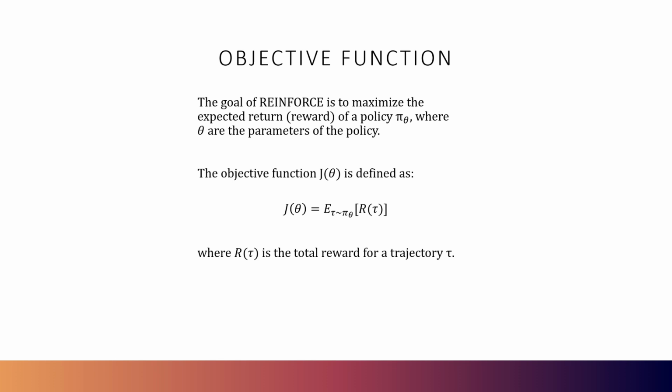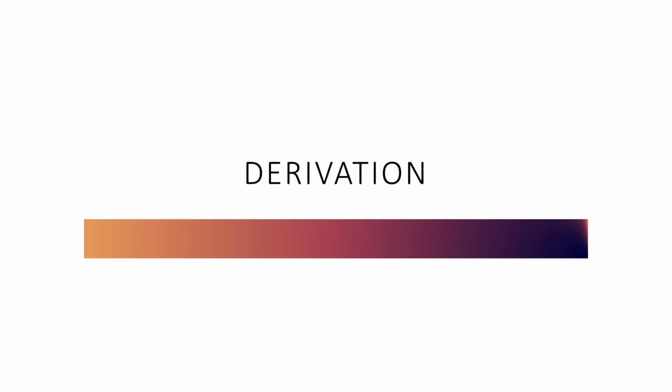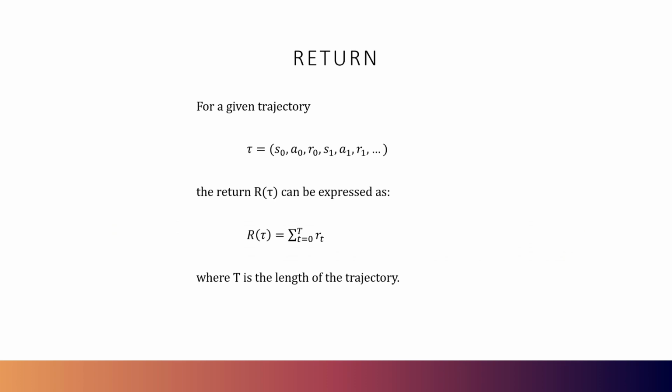So I would want to maximize the average return I would get by following the policy pi. We should see the derivation in greater detail to make things more clear.